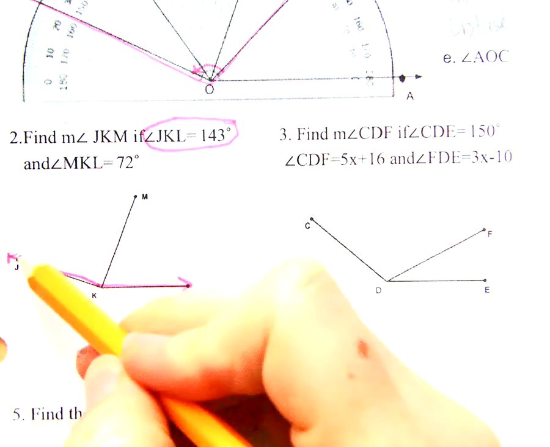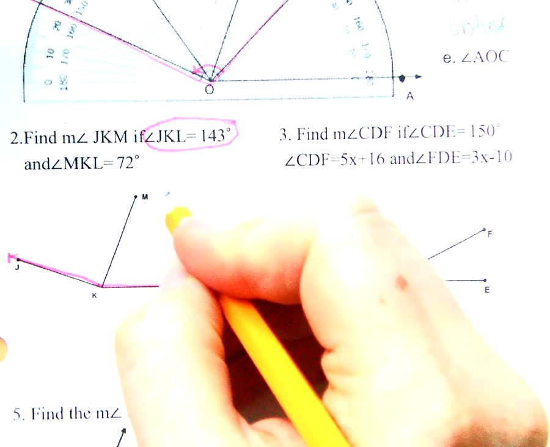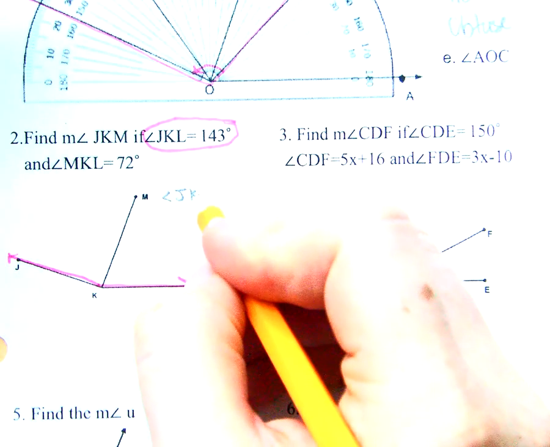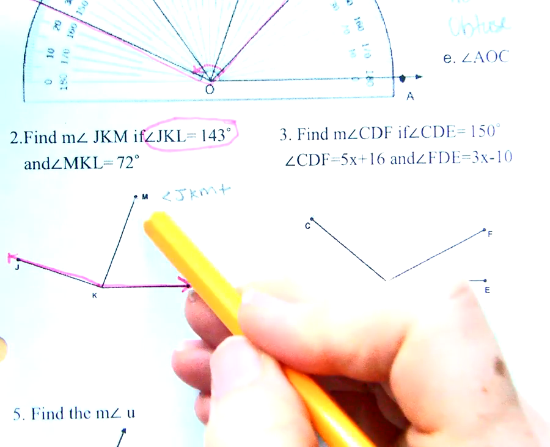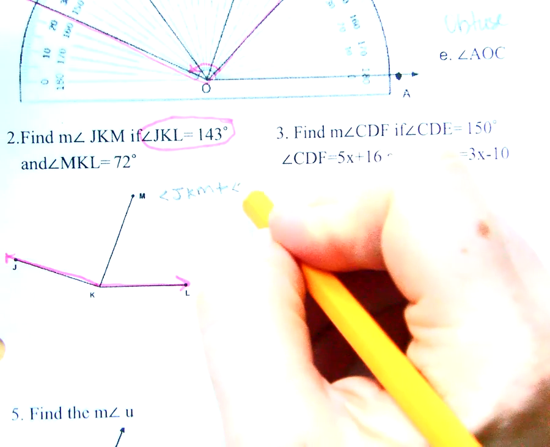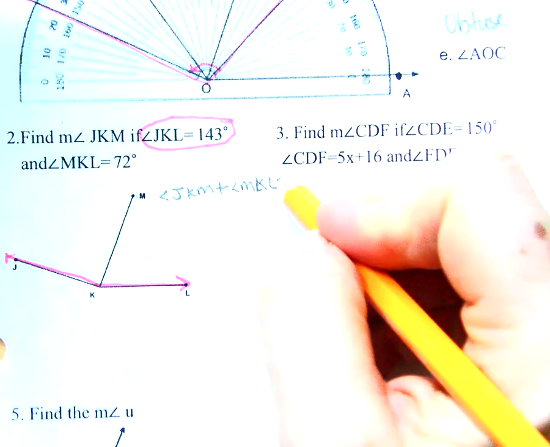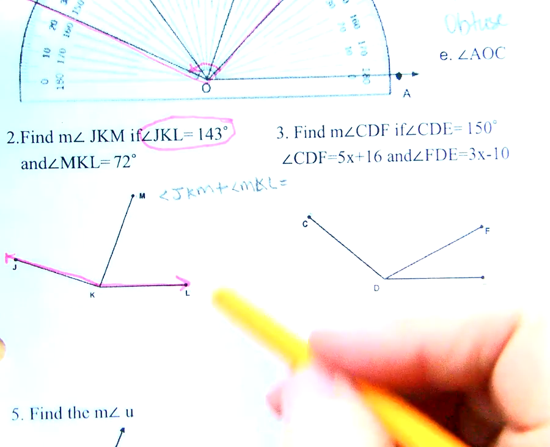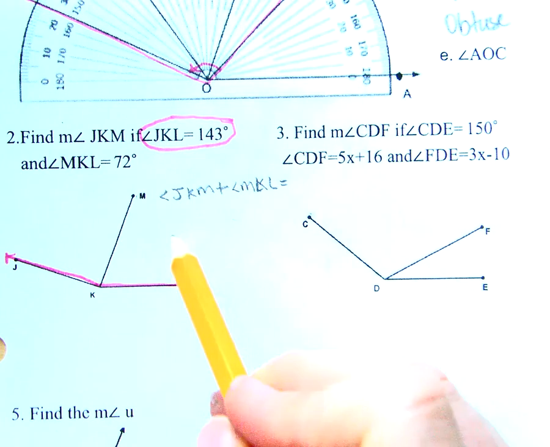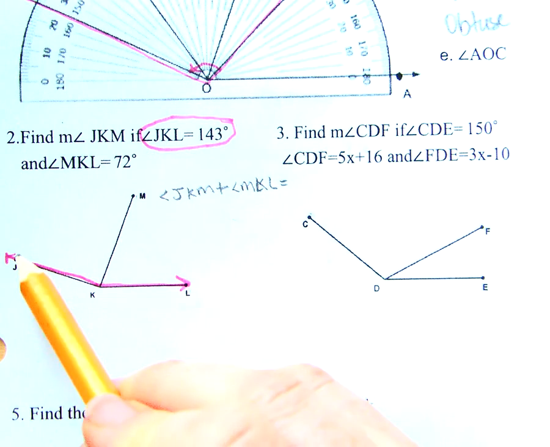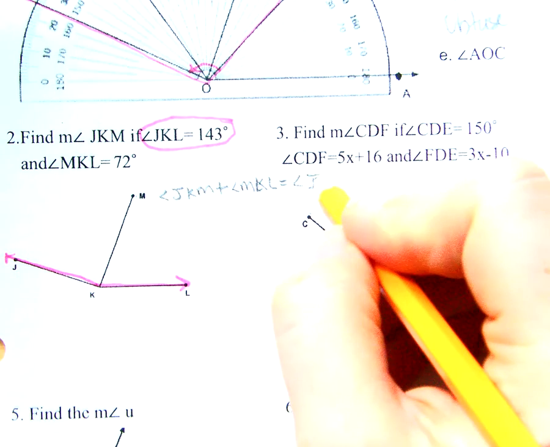Okay? So we know angle JKM plus angle MKL is going to be equal to, and I know I'm going to kind of squish over here, but that's going to be equal to the entire JKL angle.